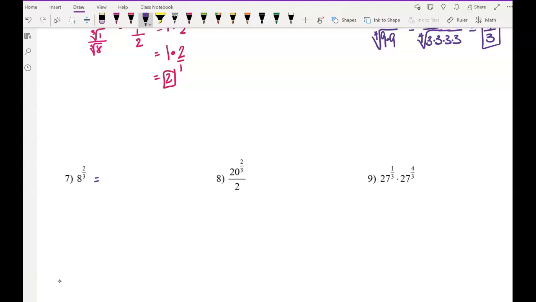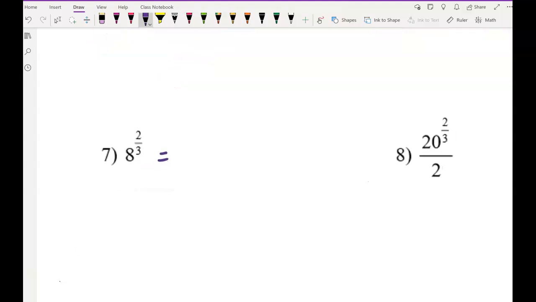It's a positive exponent, so we don't need to rewrite it in the bottom. But the index is going to be 3 because that's your denominator. You have 8 and the numerator is 2, so that's the same thing as 8 squared. Or if it's easier, you can write it like this. These are exactly the same.